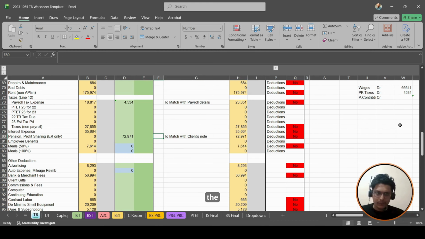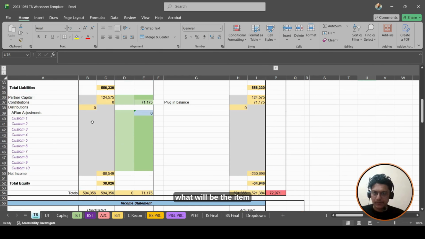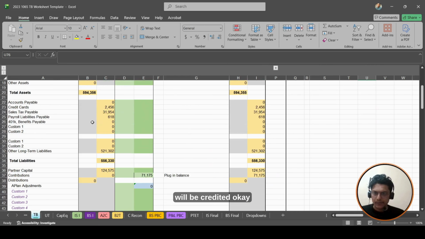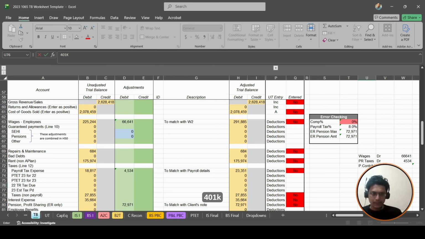Okay, so the pension, if we debit it, 72,971, and what would be the credit? The item will be credited 401K benefits payable 72,971, 401K payable.